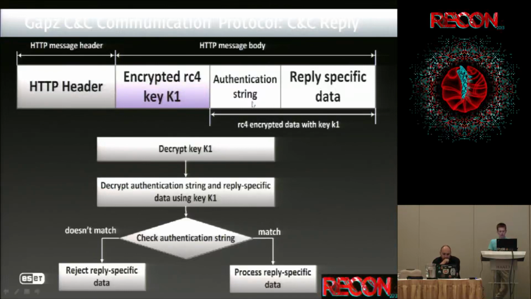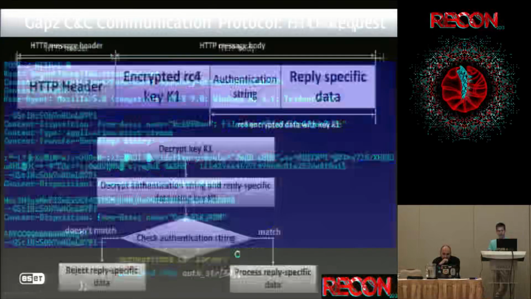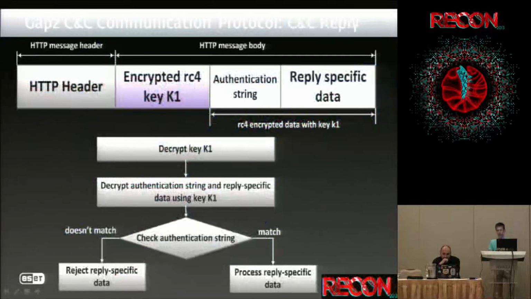As soon as it obtains key1, it decrypts the rest of the message with the RC4 cipher using key1, and then checks the authentication string against the one which was sent previously. If the strings match, then that means that the data came from the authentic CNC server and the malware processes the reply. Otherwise, that means that someone is trying to send fake data to the malware and it just rejects it.